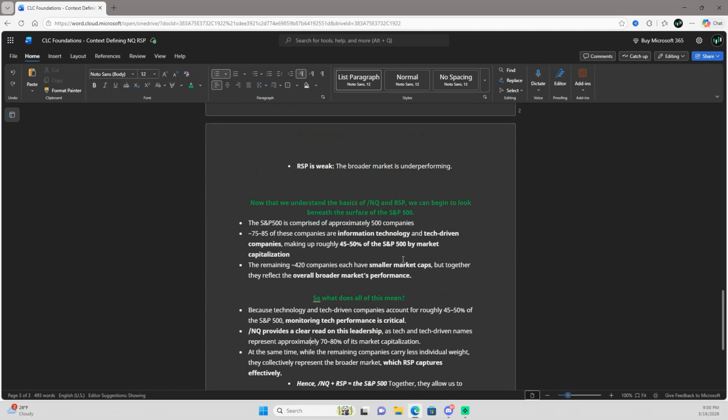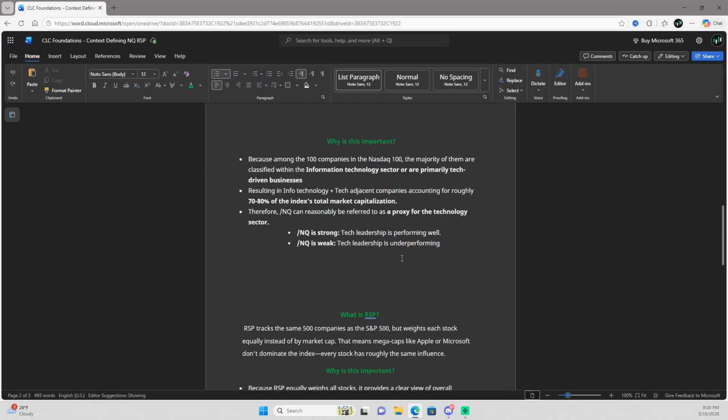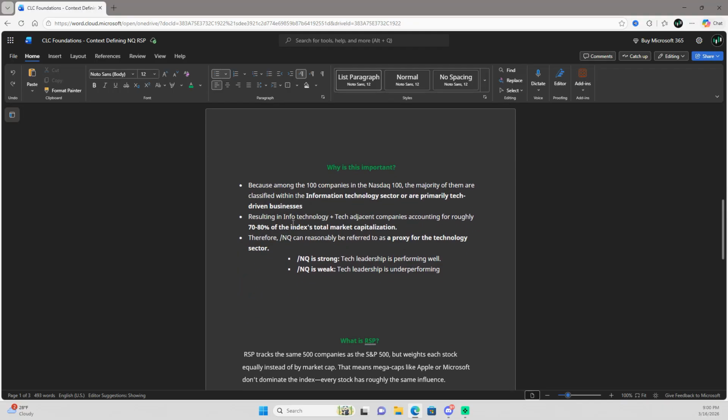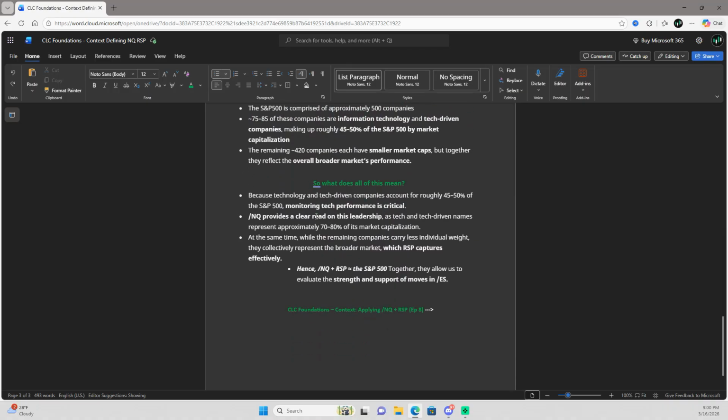So we were able to go through that quickly. That is, on a surface level and in summation, what NQ and RSP represent. And again, the reason this is important for us is because the S&P 500, half of its market cap is essentially driven by tech and tech-adjacent companies, which NQ encapsulates very well.